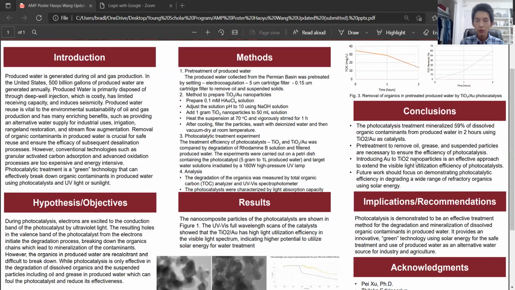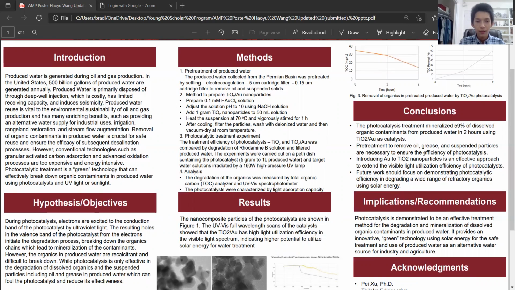The other was a gold-coated titanium dioxide nanoparticle photocatalyst, and that was prepared using a chloroauric acid solution, which was then placed in with the normal titanium dioxide photocatalyst, and then that acid was neutralized, which deposited the gold onto the photocatalysts. Afterwards, we simply dried out the solution, and the cake of the gold deposited photocatalyst was created, and those were effective.